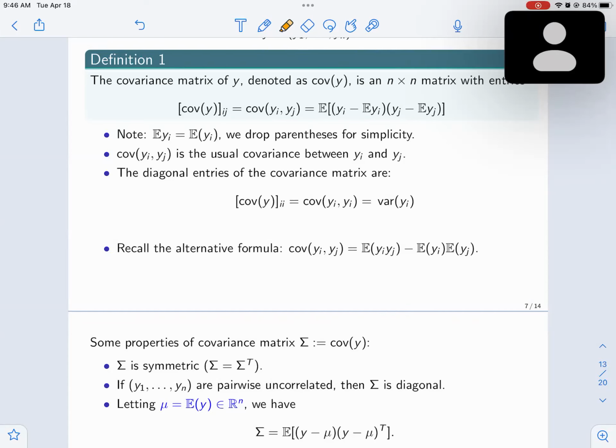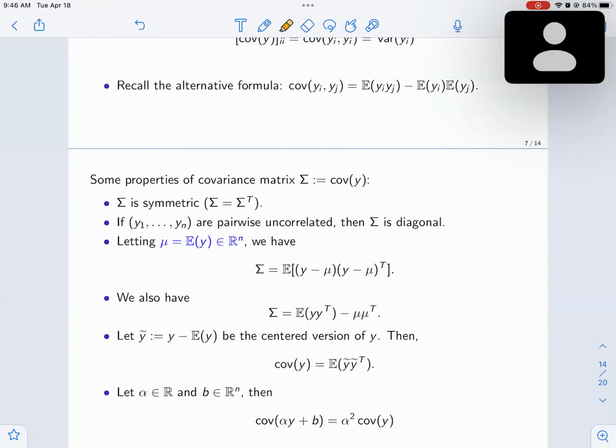Before giving you that, we observe that this covariance matrix has a bunch of properties. That's called sigma. So covariance of y is sigma. This is an n by n matrix. It's going to be a symmetric matrix, which means that sigma is equal to sigma transpose. So why is it going to be symmetric?